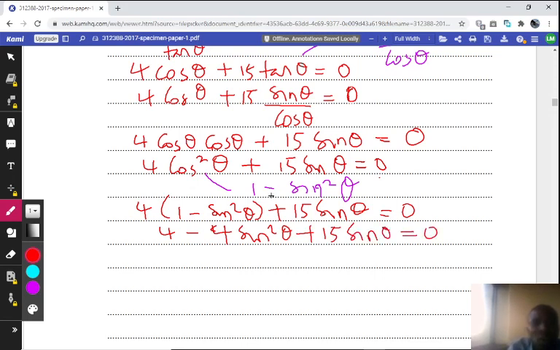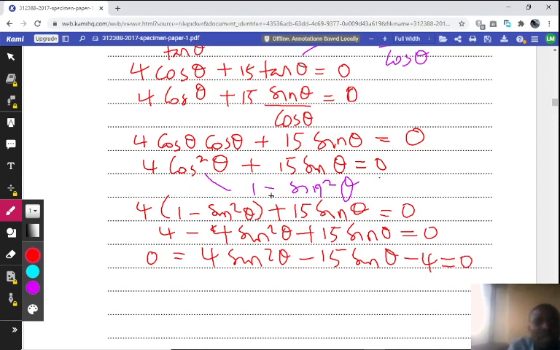Now collecting like terms, put everything on the right side so that the coefficient of sin squared theta will be positive. So it will be 0 is equal to 4 sin squared theta minus 15 sin theta minus 4.